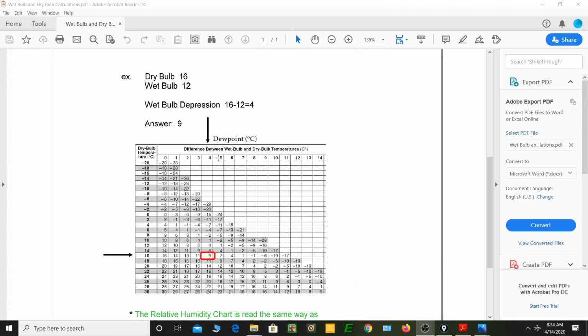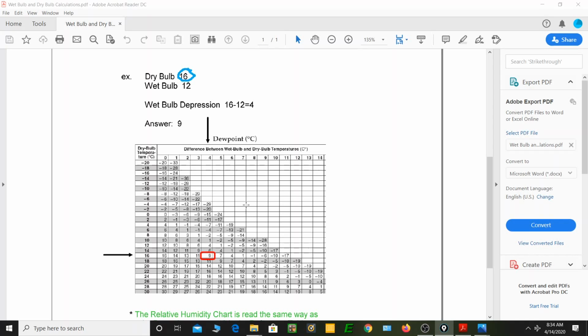So when we look at this, you use your sling psychrometer, we get a dry bulb, which is the air temperature, and we get a wet bulb, which is the air temperature drawn down by the evaporation. So here's the dry bulb, here's the wet bulb. You subtract to get the difference. Then you go to the chart.